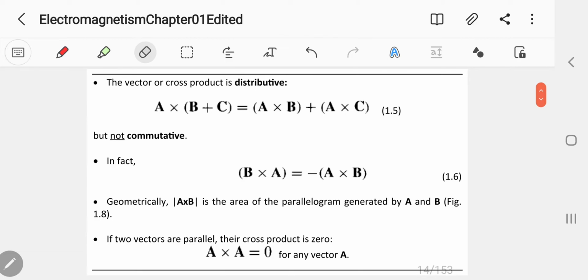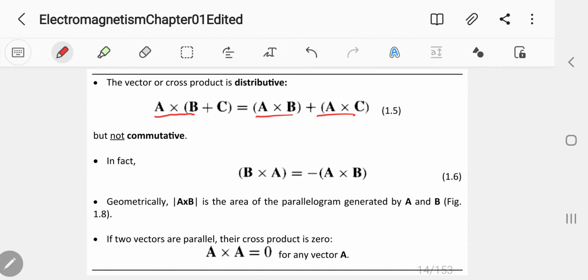So this one is vector or cross product is distributive. So just like before for the dot product, you can distribute the vector. You can cross it with the sum, and then it's the same as the sum of the crosses.